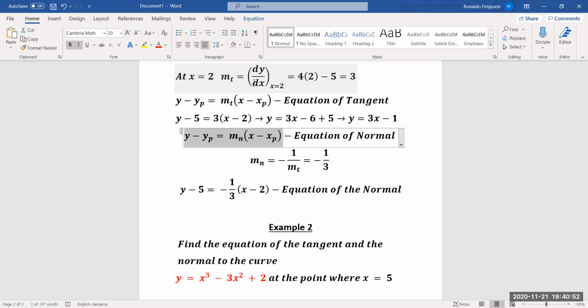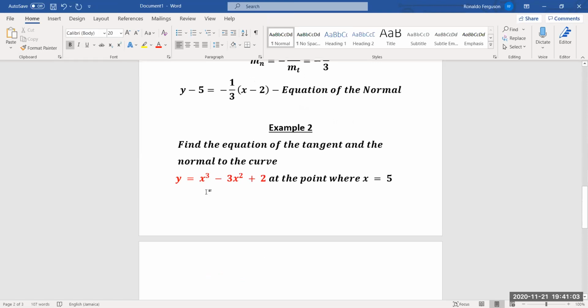Okay, so to differentiate it, we differentiate x cubed, what do you get? You get 3x squared.